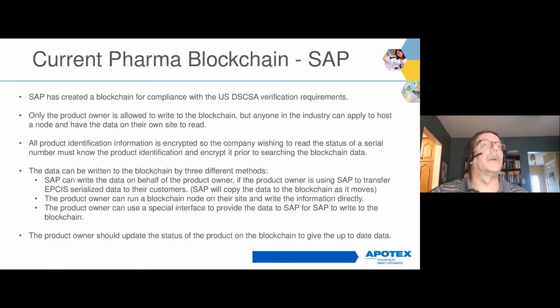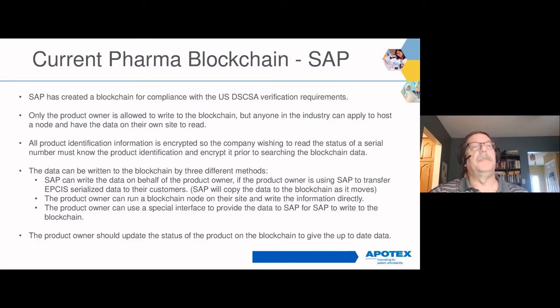Or the product owner could run a blockchain node directly on their own system, and they could write the information directly on their node, which would then cause it to copy out to all the other nodes in the blockchain.